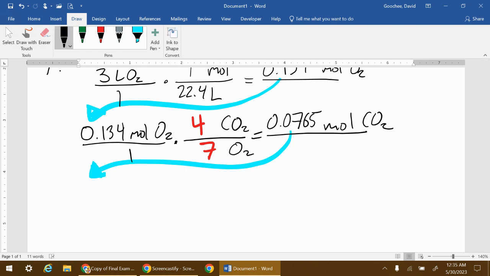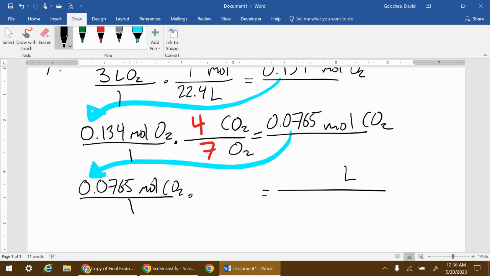We have got 0.0765 moles of CO2, and we want to figure out how many liters of the CO2 that is going to be. Well, get out of moles and into liters. 1 mole is 22.4 liters.